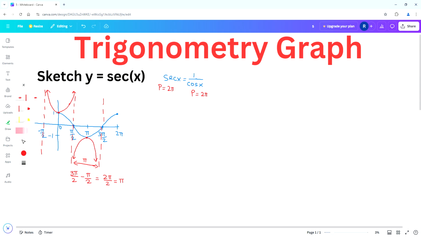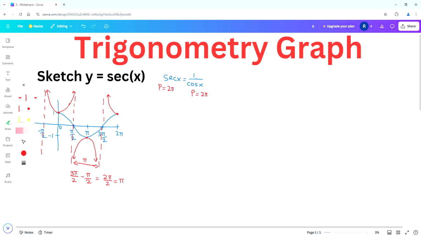The peak point lies on the cos x graph and secant x graph. We can show the curve like this. And if we want, we can extend the curve on the right side of 2 pi the same way we extended it on the left side of the y-axis.